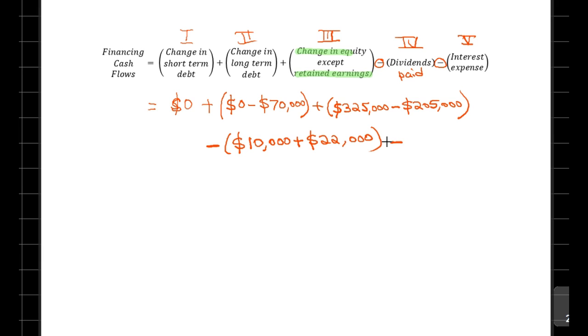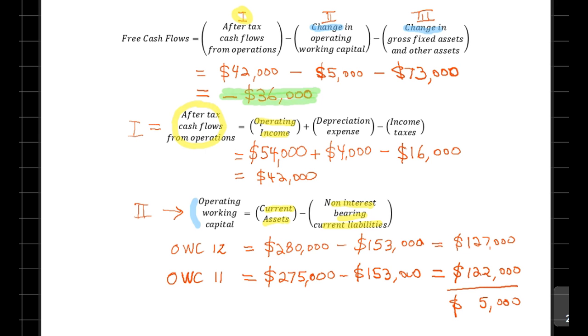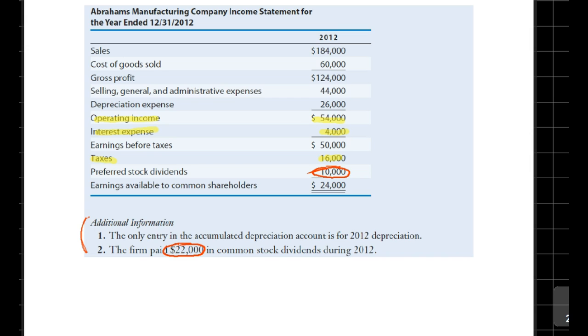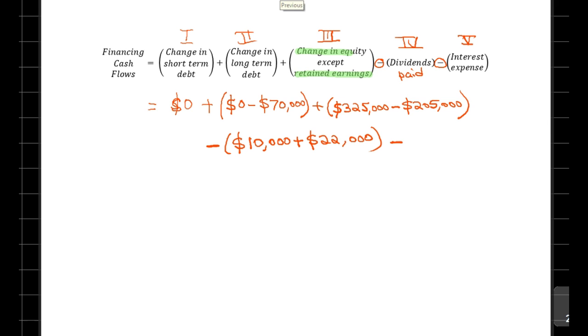Finally, we have interest expense, and again we need to go back to our income statement for that figure. As you can see, we previously used that figure earlier, and it is $4,000.